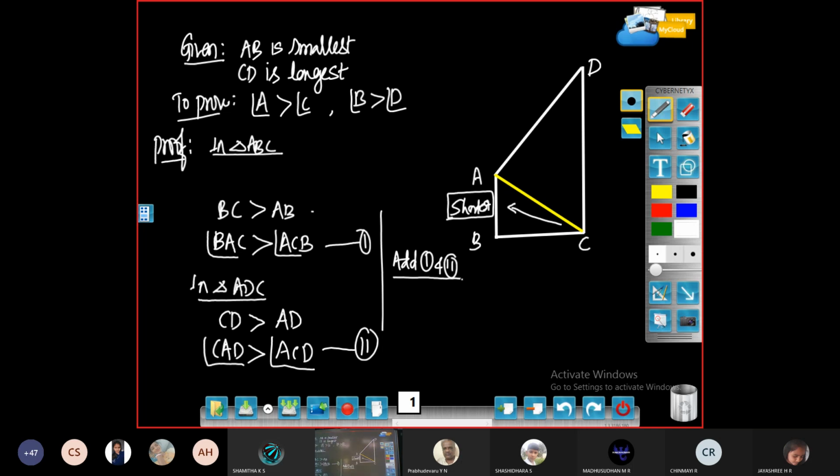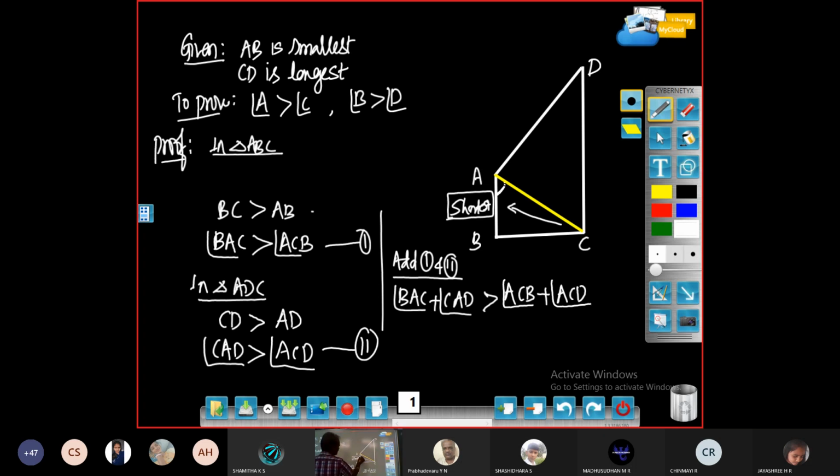When you add 1 and 2, what does it give? BAC plus CAD must be greater than ACB plus ACD.